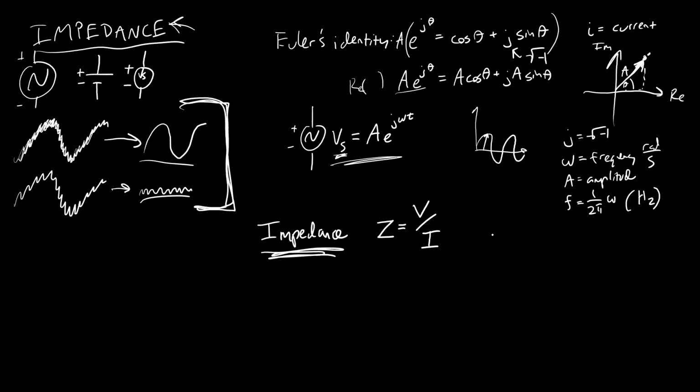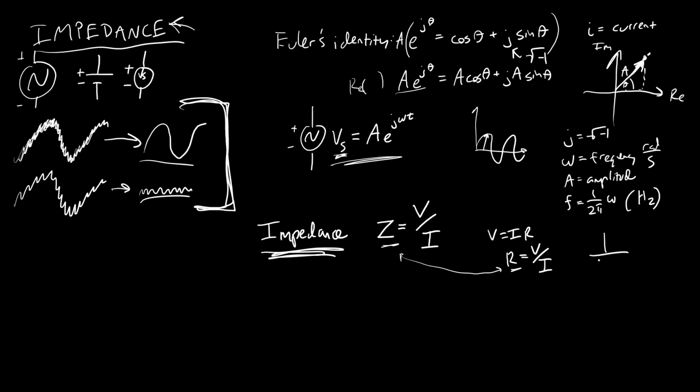And if you remember Ohm's law, V equals I times R, and you rearrange that to solve for resistance, R equals V over I, you might say, well, wait a minute, isn't impedance just resistance? And as we will see in a couple of minutes, for a resistor, that winds up being true.